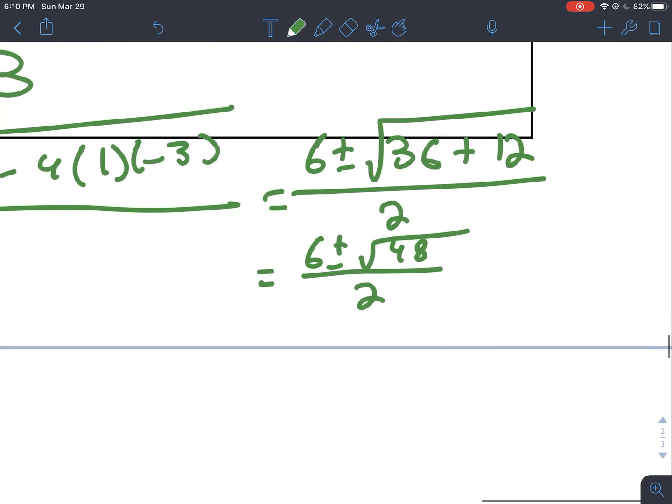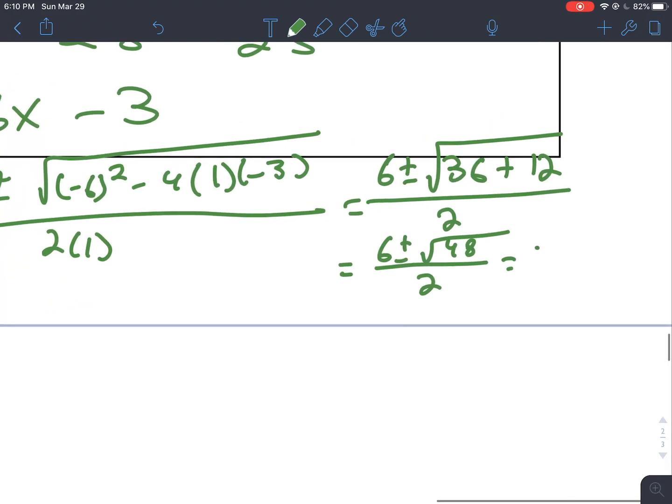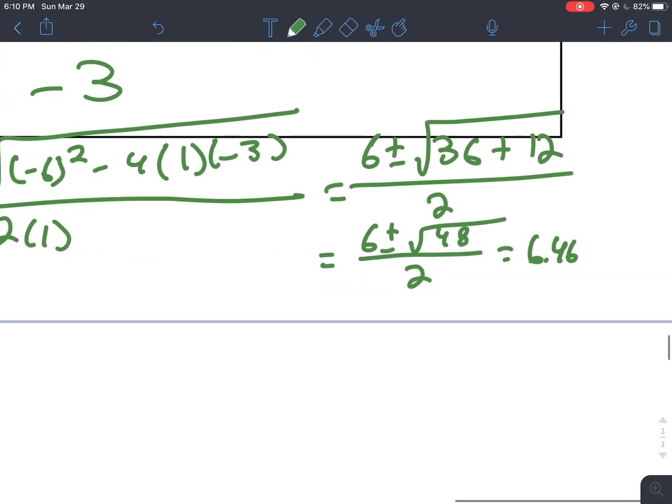I guess we could keep going, but honestly, we just need to know what number this is because it's a word problem. So if I type in my calculator 6 plus the square root of 48, and then divide that number by 2, you would get 6.46. Or if you would do 6 minus the square root of 48, divide that by 2, you would get negative 0.46.